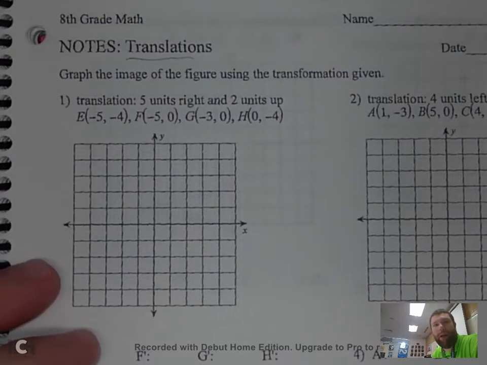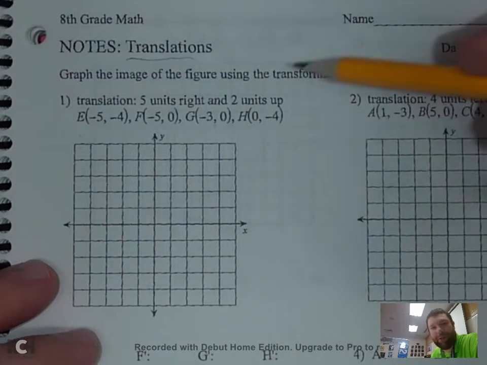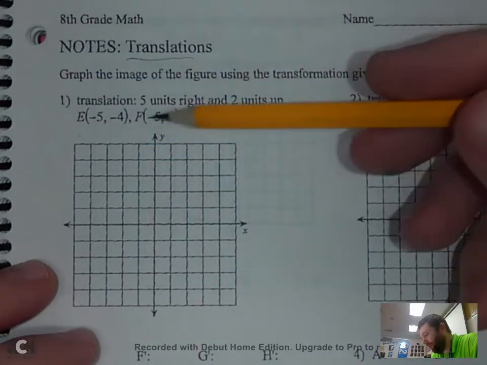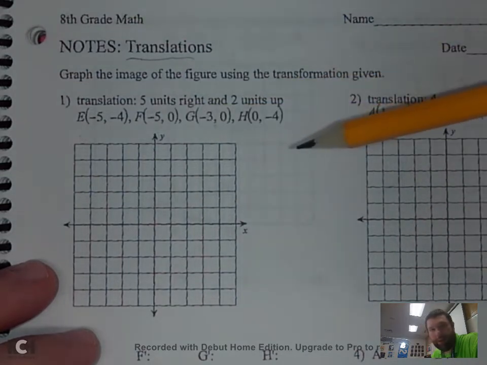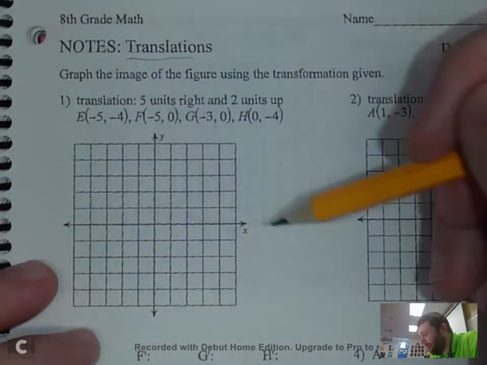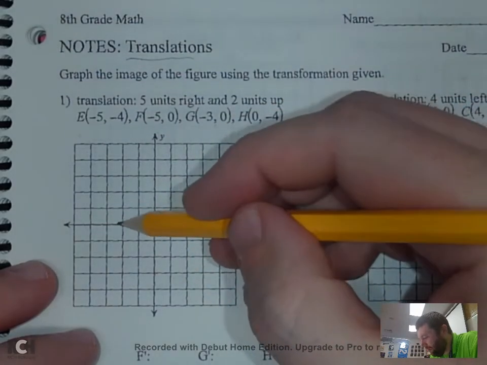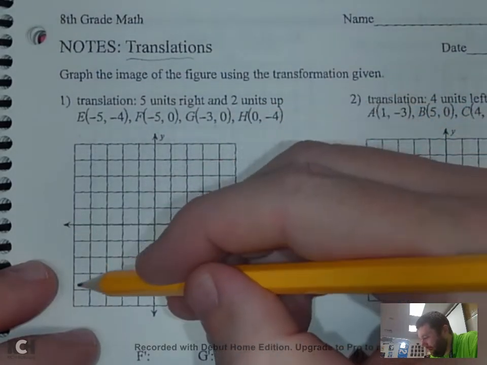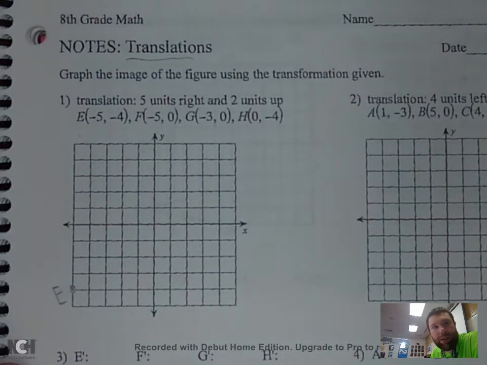So when we do that, we have these ordered pairs here, right? Well, let me just graph the shape first. On this worksheet, we're doing translations. We're going to start by giving some points to start with, okay? So we have E, -5, 4. So 1, 2, 3, 4, 5, and down 4, so this is E, okay?